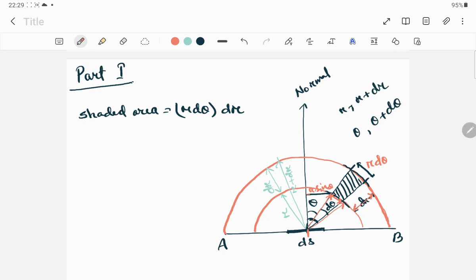The next question is, now we want to rotate this whole figure about the normal. This is the normal, we want to rotate this whole figure in this direction, and this time we will rotate it through an angle d phi. Now after that, what will be the situation I would like to tell you.